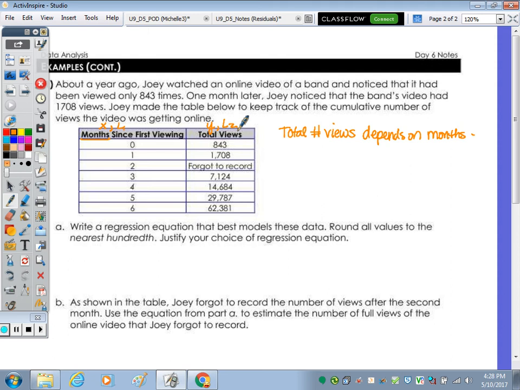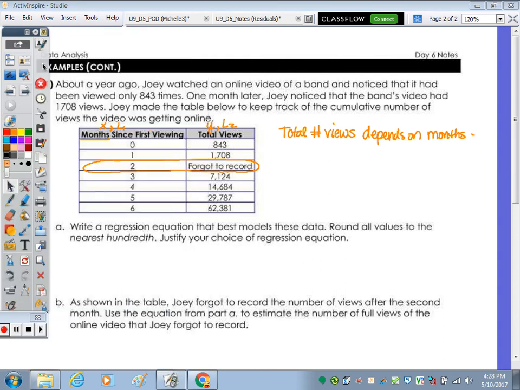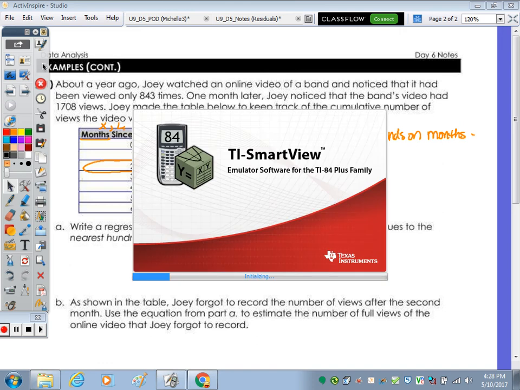In the table, you see that Joey forgot to record the total viewings for that second month. So we're not going to put that into the calculator. So let's take a minute, open up the graphing calculator, and put in your list. And we're not going to put in the x value of 2.